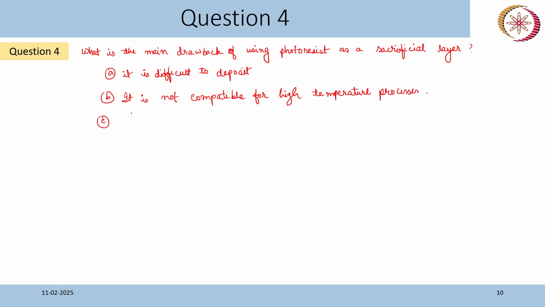Option C is it is expensive for MEMS fabrication. D is all of the above.